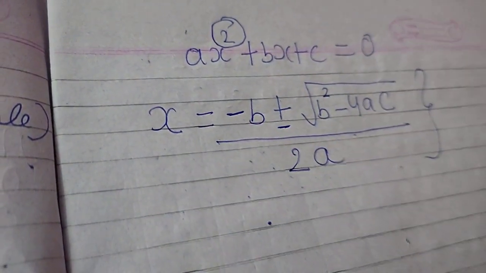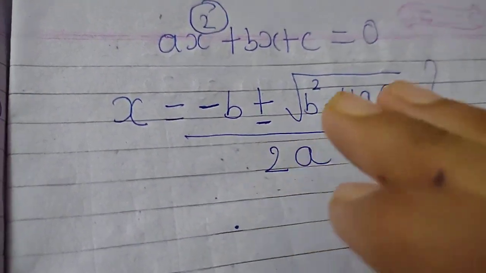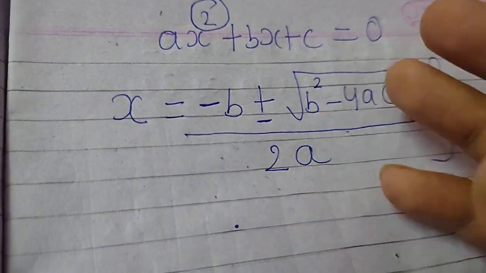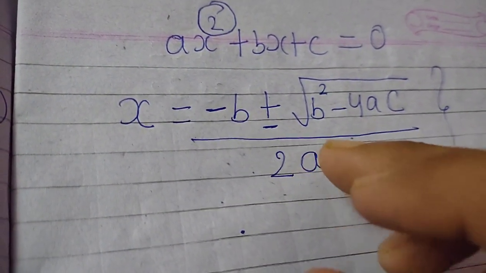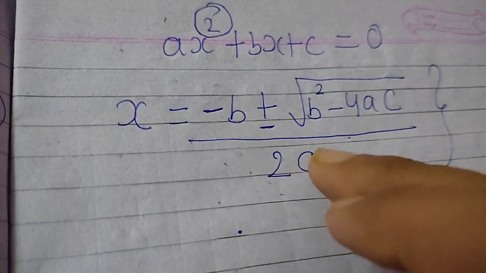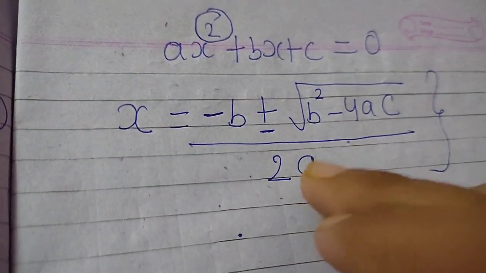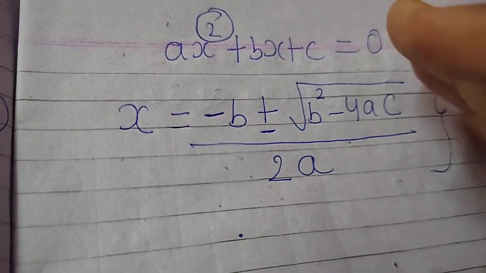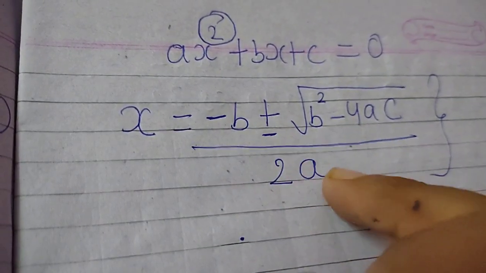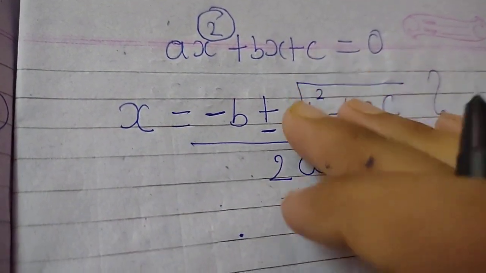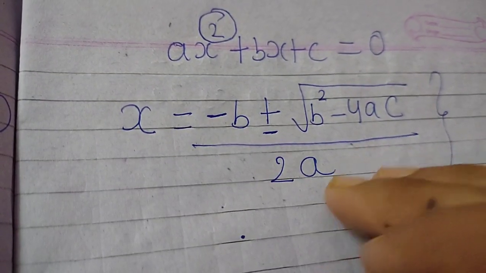This formula is called the Sridharacharya formula. What is the importance of this formula? It is very convenient when you are unable to factorize a quadratic equation. If you are not able to find the solution by the factorization method, then this formula is very helpful. At once you can find the solution of any given quadratic equation.